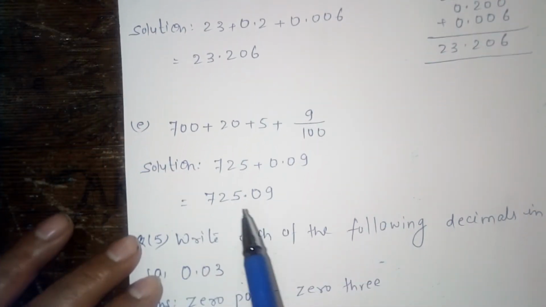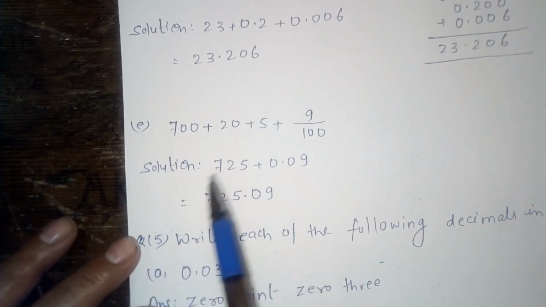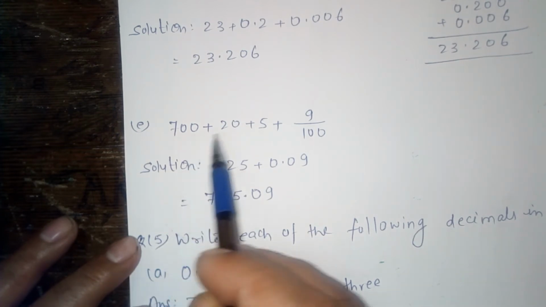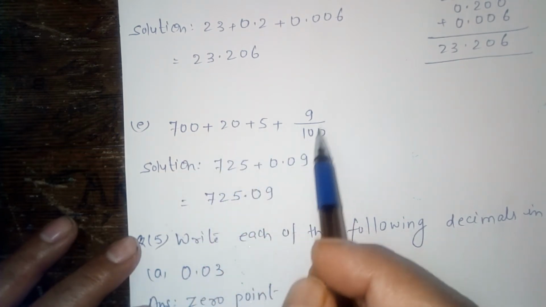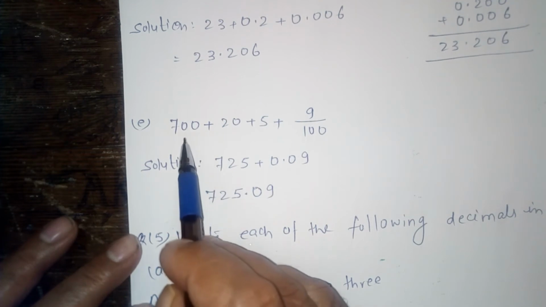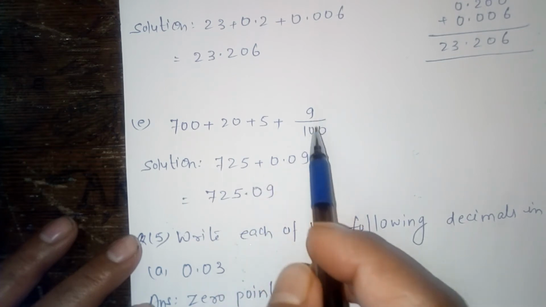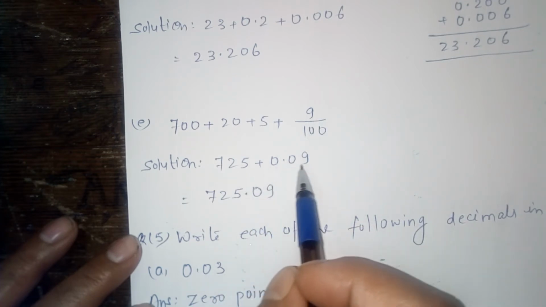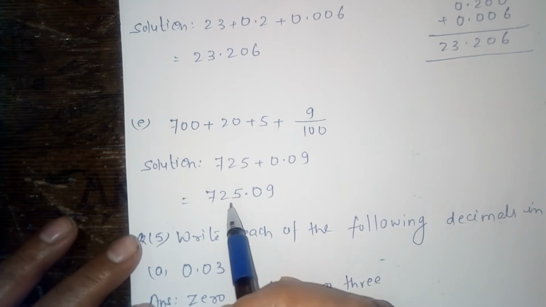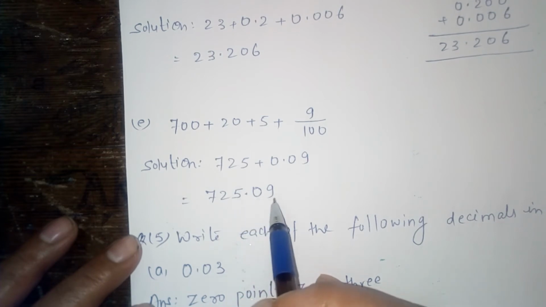Now question number E: 700 plus 20 plus 5 plus 9 upon 100. 700 plus 20 plus 5 will give you 725, plus 9 upon 100 means 0.09. After adding we will get 725.09.